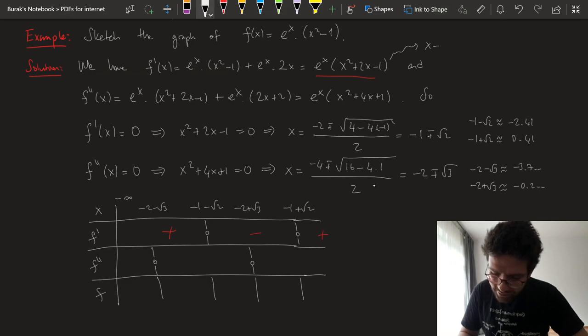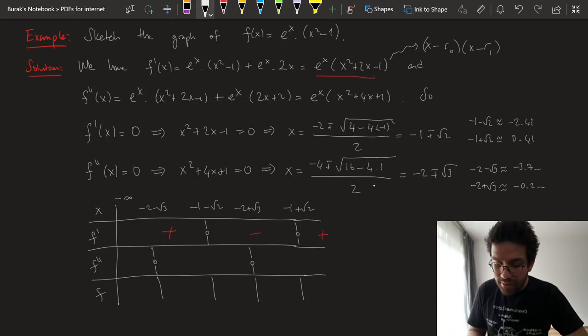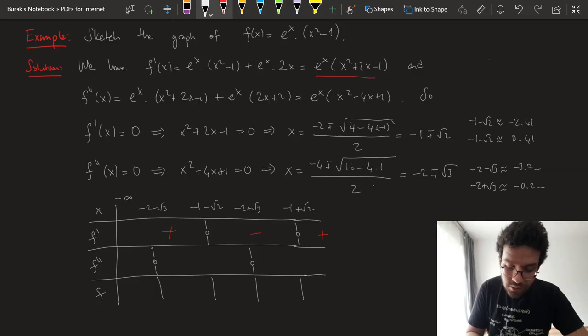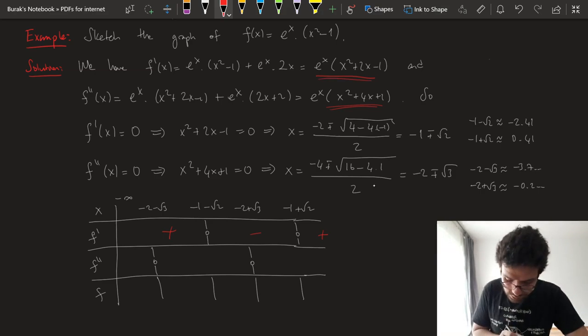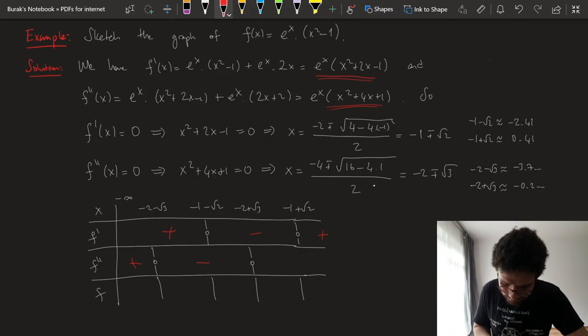This is x minus its first root times x minus its second root. So if x is less than both of these roots, on this interval, this will be negative, this will be negative, their product is positive. In between these roots, one of these factors will be positive, the other one will be negative, so you'll see negative here. And if x is bigger than both roots, it's going to be positive as well. And the same thing will happen with this one. So it's going to be positive, negative, positive.